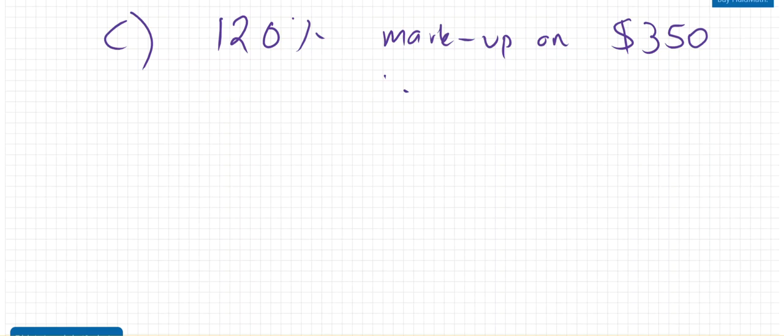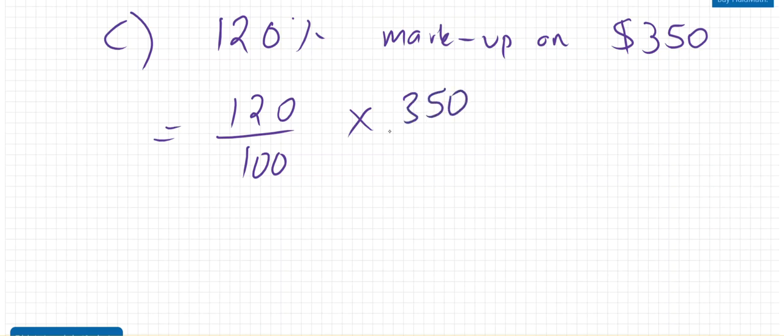But to work it out, you do the exact same thing. 120 over 100. We know that's how we write a percentage, times 350, I'll put it over 1. Once again, you can simplify before you multiply. Make sure you know how to enter this into your calculators as well, because on your test you'll be using a calculator.